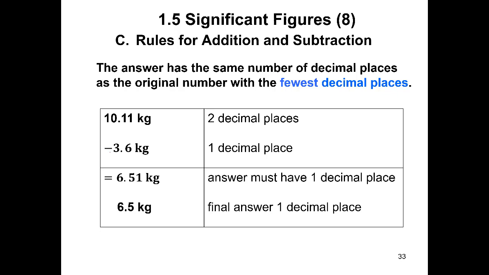So if you have 10.11, which has 2 decimal places, minus 3.6, which has 1 decimal place, then your answer can what? Only have 1 decimal place. All right, so we get 6.51 when we put that in the calculator. And so since it can only have 1 decimal place, the actual answer that's correct is 6.5.